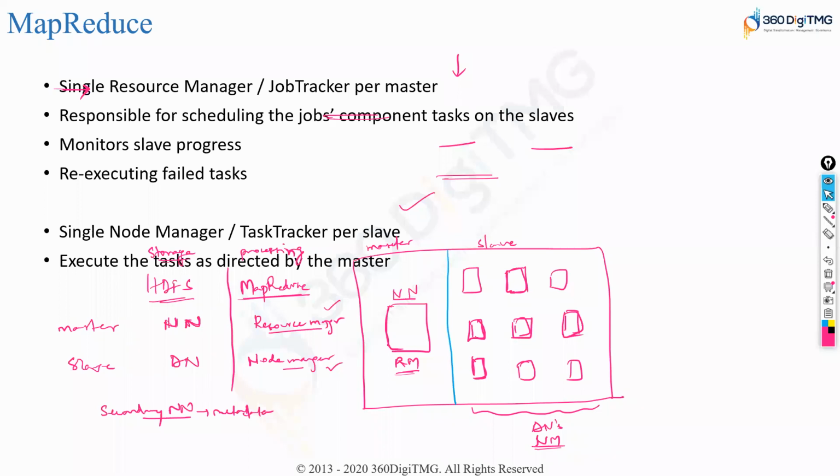Initially the heartbeat will have only empty information, and at the 10th heartbeat it will also give us the status of the transaction task, and whatever task is happening, it gives us the status of that. So that's basically how the resource manager is monitoring node manager transactions.